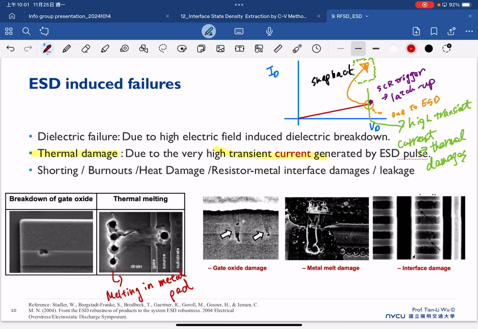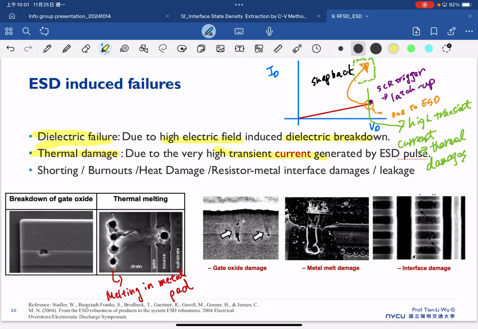So that's the thermal melting issue in the metal pad. And of course, because we have such high bias, ESD pulses immediately happen. This can also cause dielectric failures. This is due to the high electric field induced dielectric breakdown.